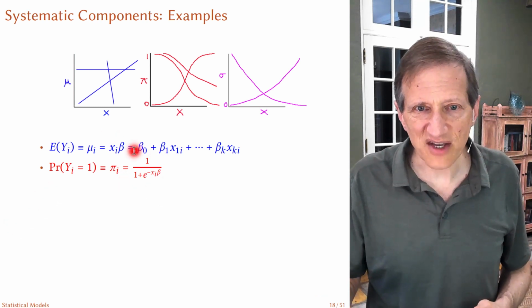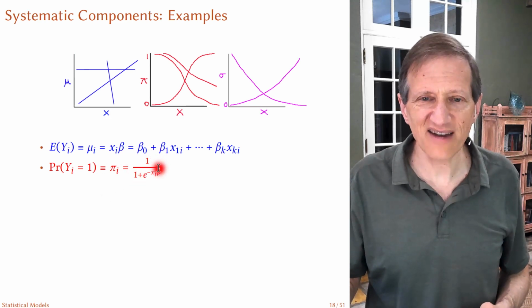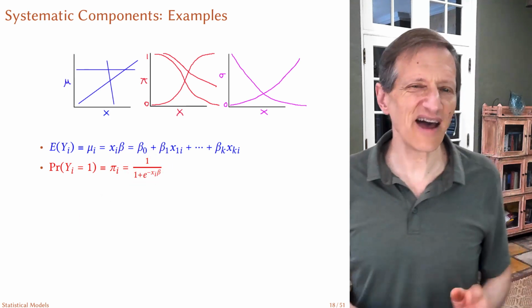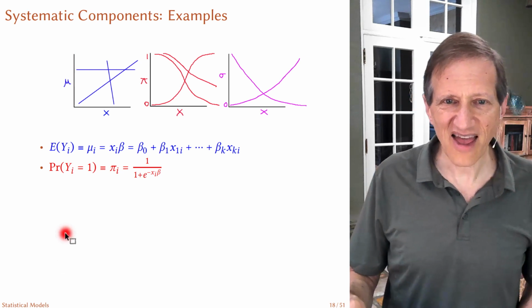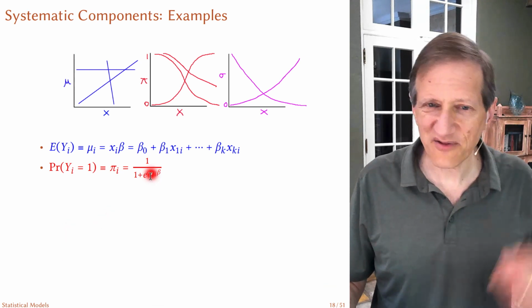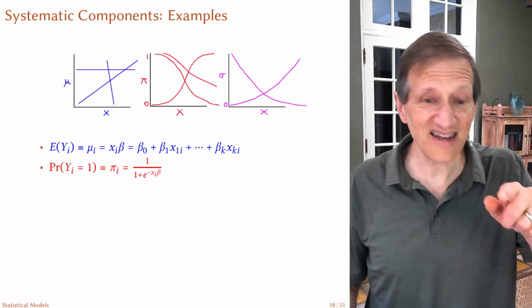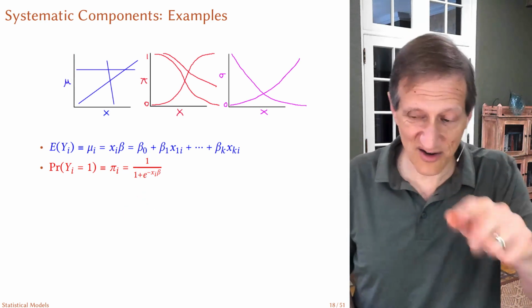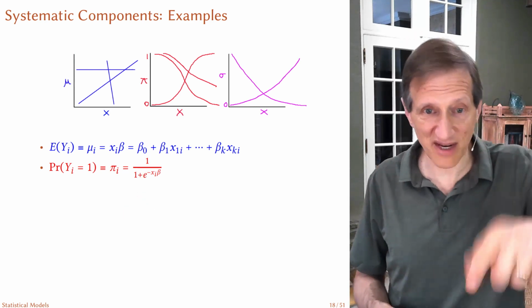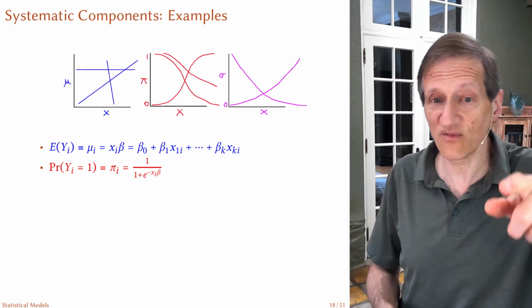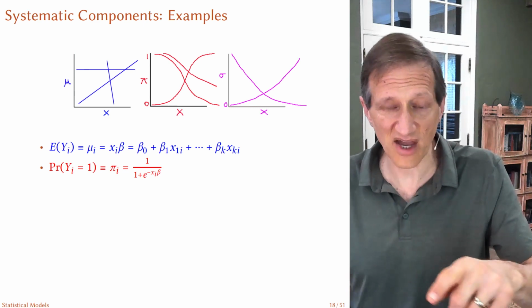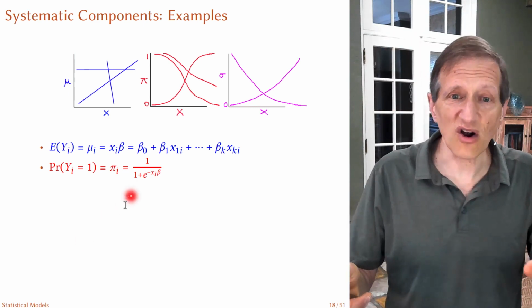So the math says 1 over 1 plus e to the minus x beta. If you play with that, any number that you stick in for x beta and put a minus sign in front of, and then that e is on your calculator. You type in a number and you hit e. It's exponentiated. Okay, e is actually a number. It's 2.71, etc. Okay, and it turns out to work very nicely.